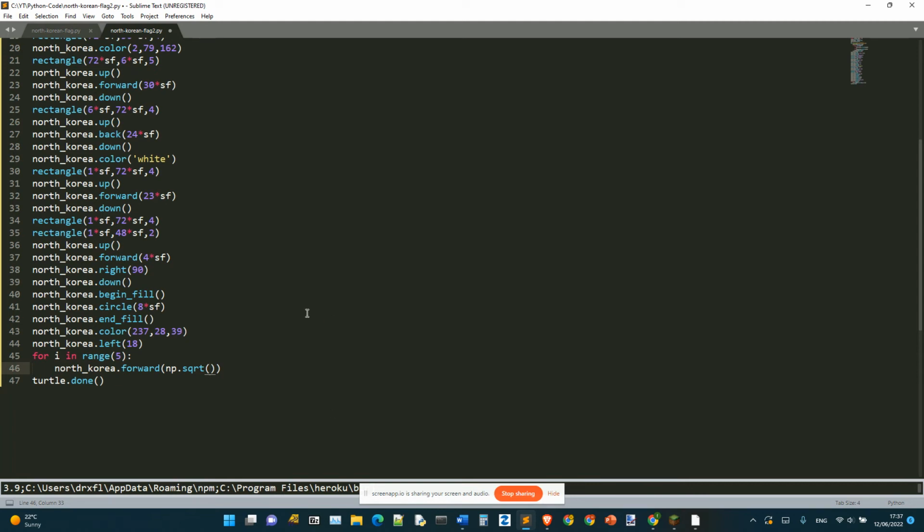That length squared is the other length. If we want to find that length, we need to do the square root on both sides. Hence we have np.sqrt, which is the square root function.